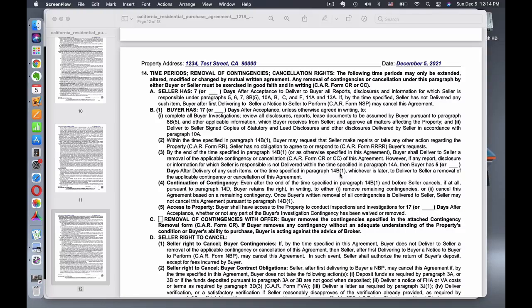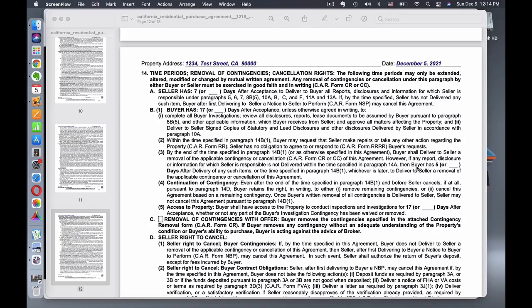So real briefly, let's say that we agree to 7 days to get all our investigations, review all the reports and everything. Let's just say on day 3, the seller gives us new information. You have a total of 5 days. So even though we agreed to 7 days, we changed out this 17 to 7 days, on day 3, 5 days would put us to really 8 days.